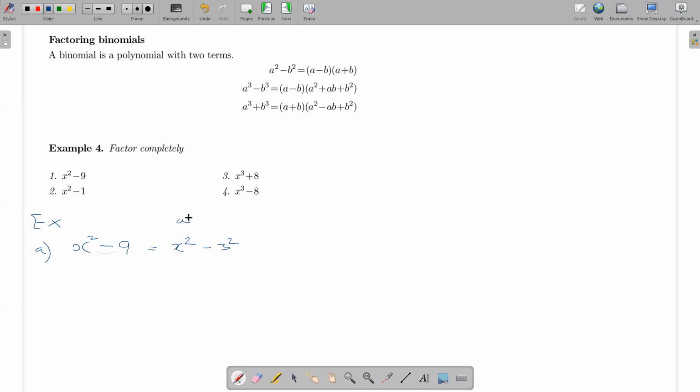Now if I compare this with a squared minus b squared, minus gets compared with minus, a gets compared with x and b gets compared with 3. So a is x and b is 3, no? So I can apply this formula, a minus b. So a is x, b is 3. But here you can write either term first. It doesn't matter if I write x plus 3 first.